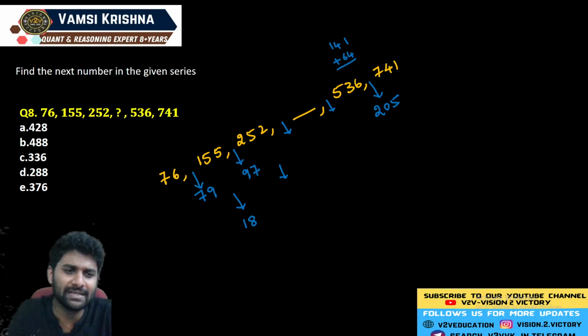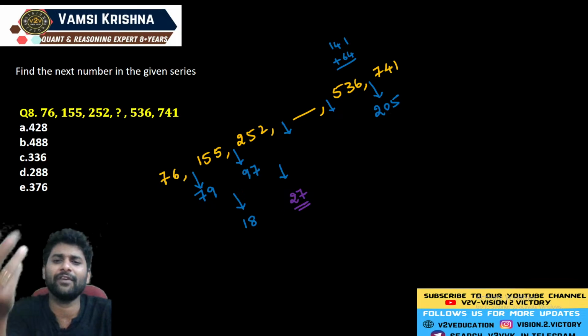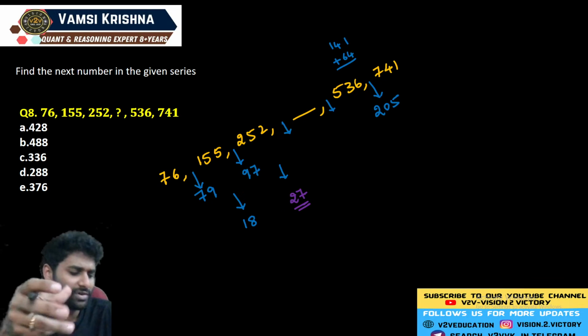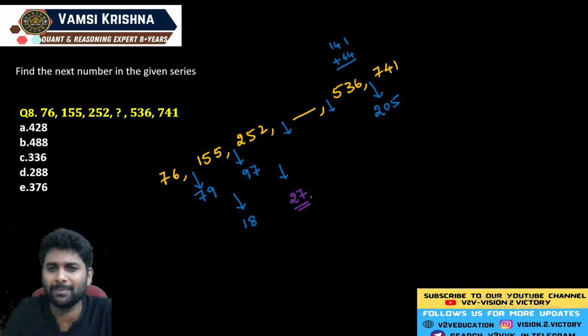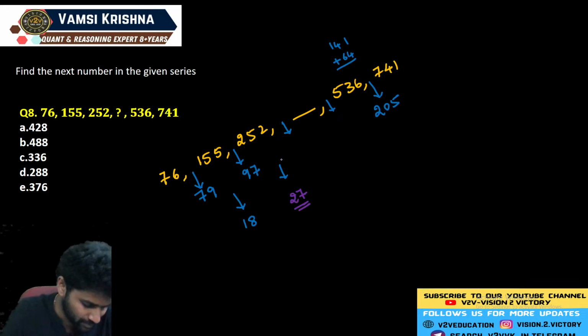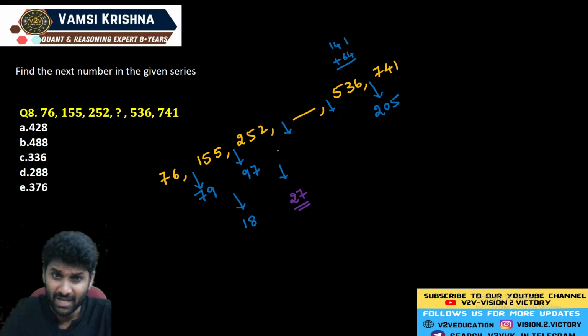Now see, let's go with the 9 table. See, 9 twos are 18, 9 threes are 27. Let me verify in this way. If you fail in the 9 table, then you can check with the 6 table or 3 table. If 97 plus 27, the overall value becomes 124, guys. Check whether we get this number or not.